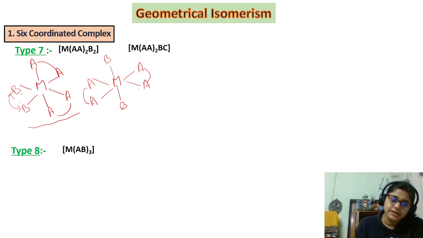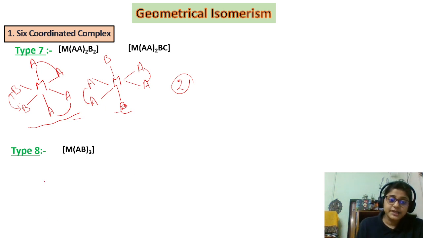If you see clearly, this B also sees this group. We can't change it. So there are two possibilities, and if it is BC, the same thing happens. Only in the place of B, C will be present. The same two geometrical isomers will be there.